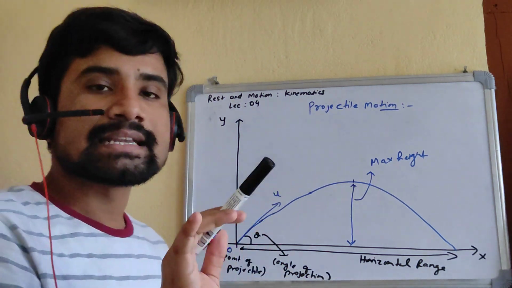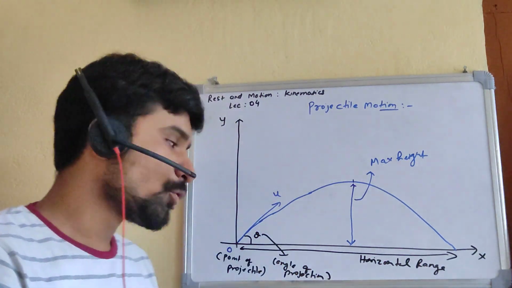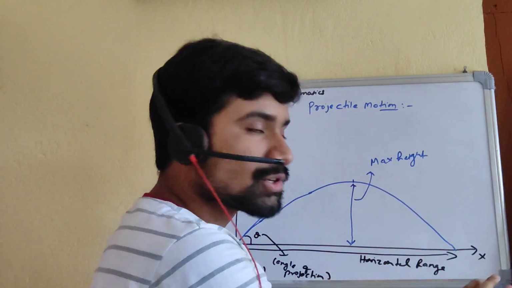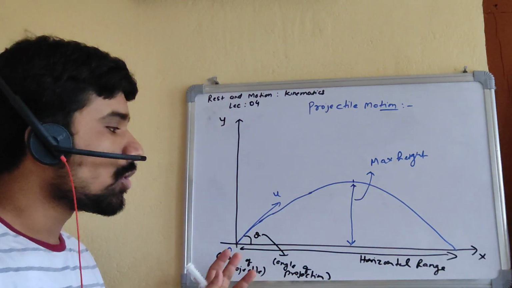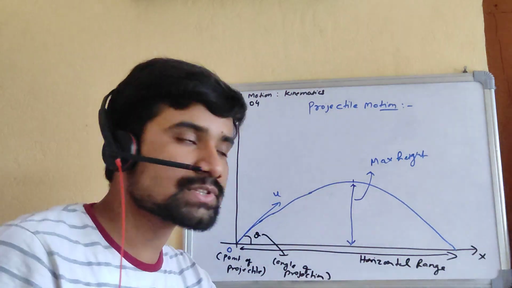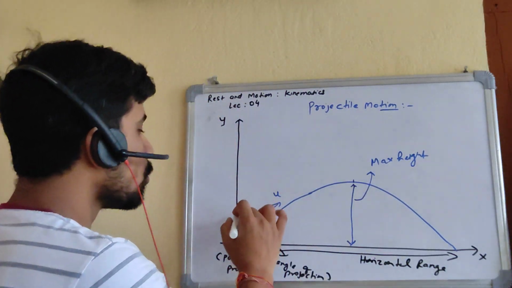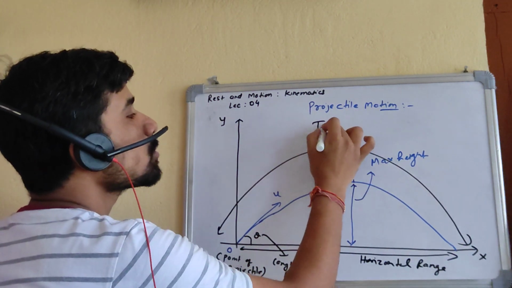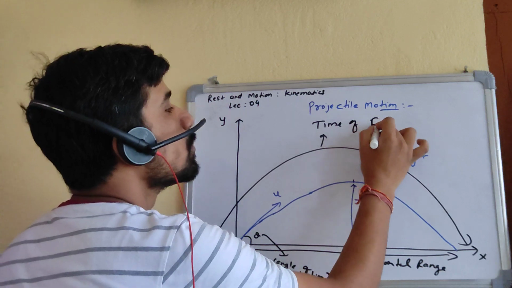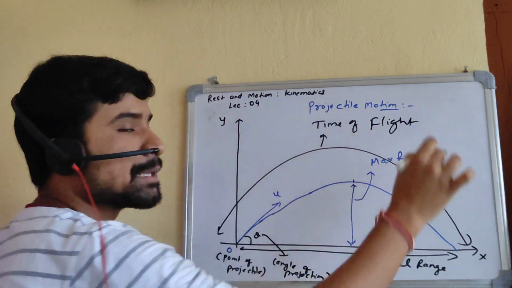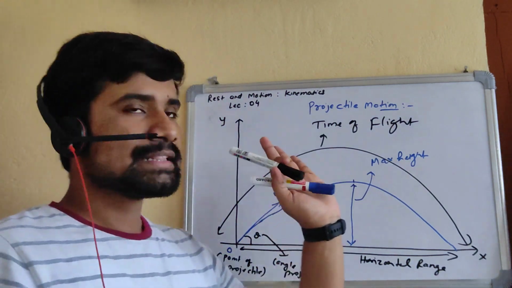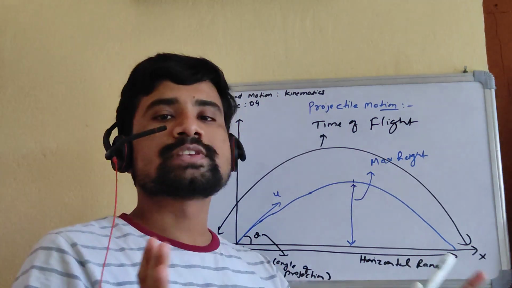Now the time taken by the projectile from its point of projection to cover this horizontal range and come back to the surface of Earth, the time of this whole journey, is called the time of flight. This time of flight has two parts.